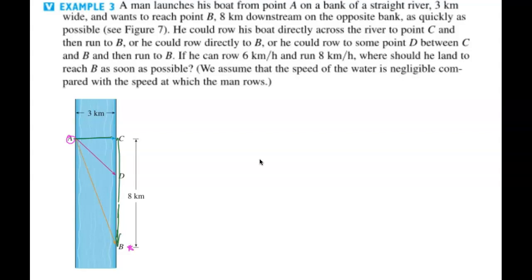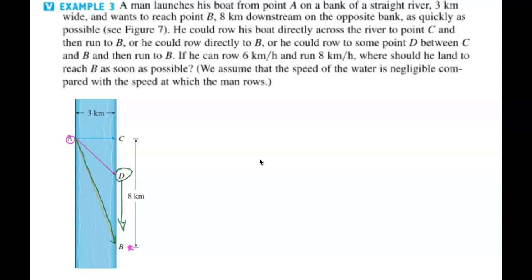Now, distance-wise, that's the least efficient, right? You're covering the most distance there. He could row directly there. That's the most efficient distance-wise, so he could just row here. Or he could row to some point D and then run the rest of the way.